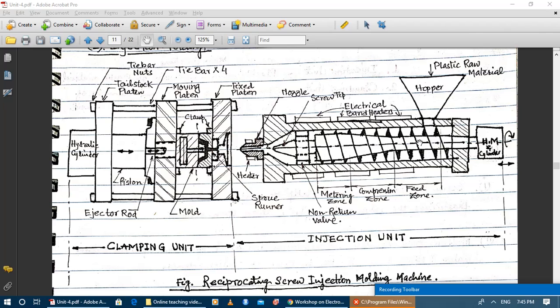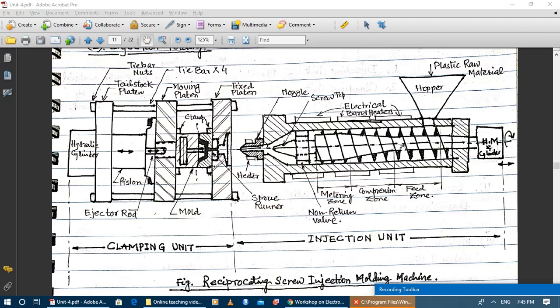The difference between the screw barrel assembly of an extruder and an injection molding machine is that in an extruder, the screw is fixed. The screw rotates about its axis, but it does not move forward and backward. Whereas in an injection molding machine, a reciprocating screw is used.